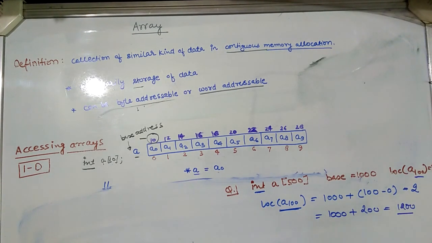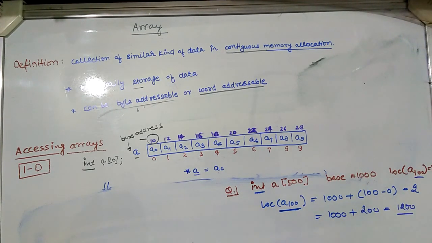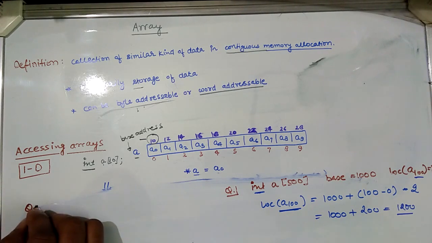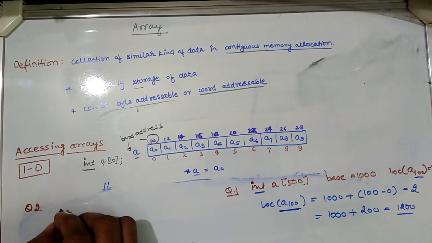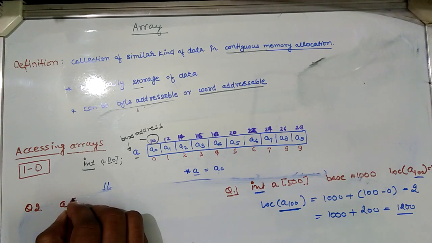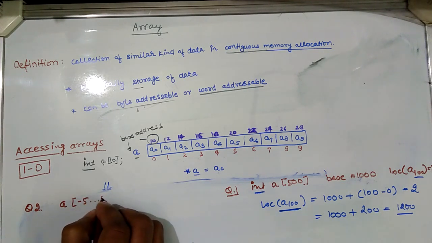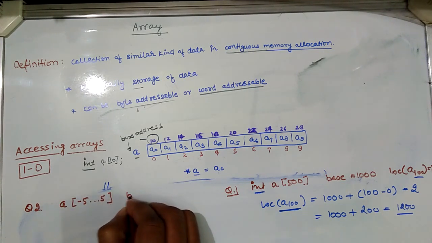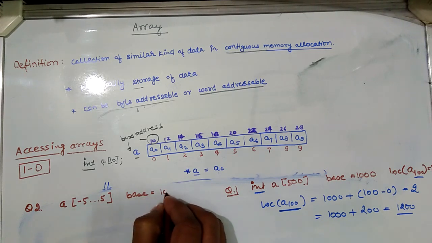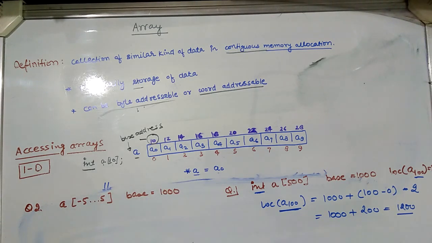Similarly, if there is another question, if we have an array of integer size with -5 to 5 with a base address 1000, then what is the location of a node? The question is what is the location of the 0th element?